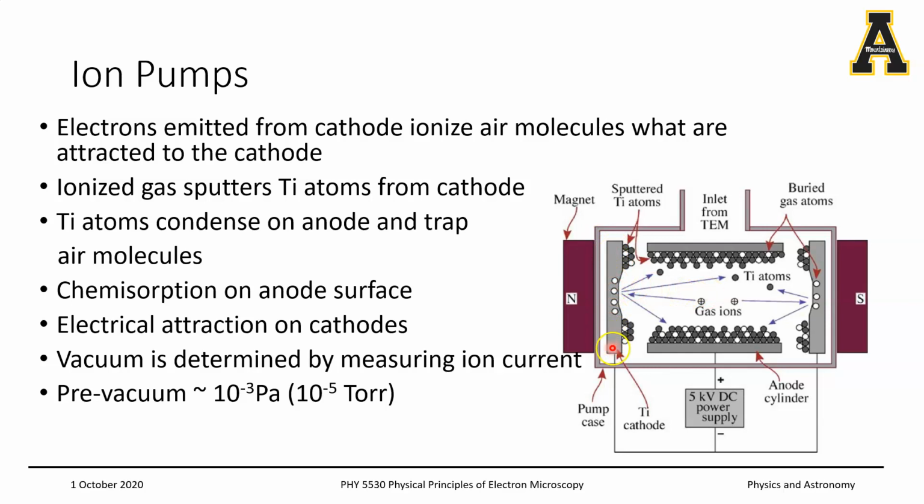And because the cathode is made out of titanium, these really fast-moving gas molecules, once they're ionized, knock off a titanium atom from the cathode itself. So now you have these floating titanium atoms.